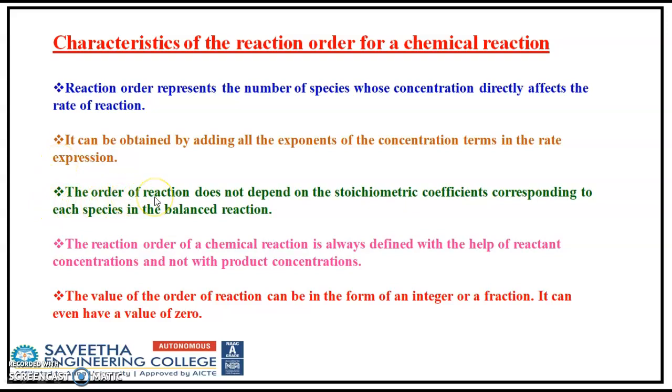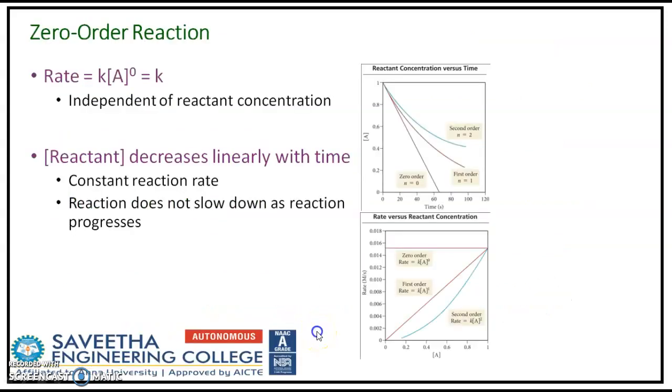The order of the reaction does not depend on the stoichiometric coefficient corresponding to each species in the balanced equation. The reaction order of a chemical reaction is always defined with the help of reactant concentration and not the product concentration. The value of order of reaction can be an integer or a fraction. It can even have a value of 0 also.